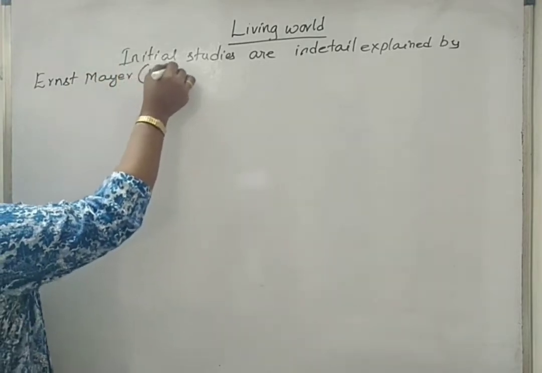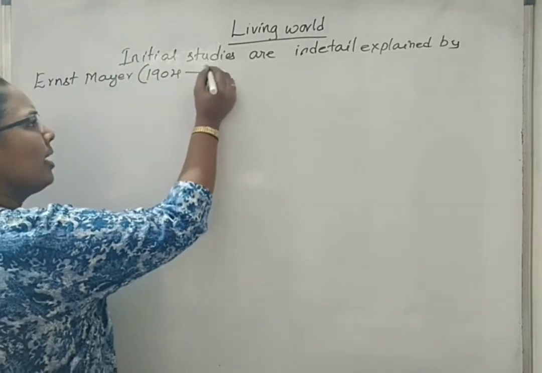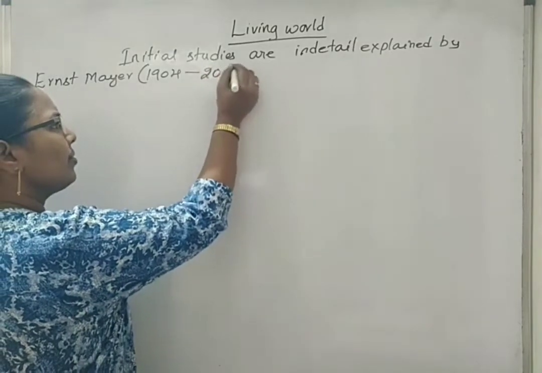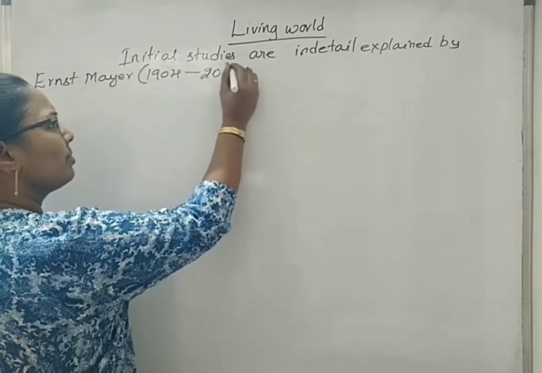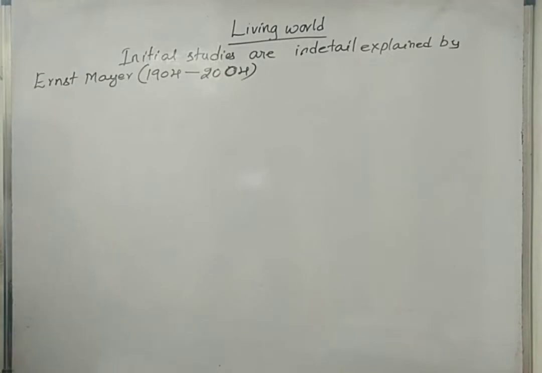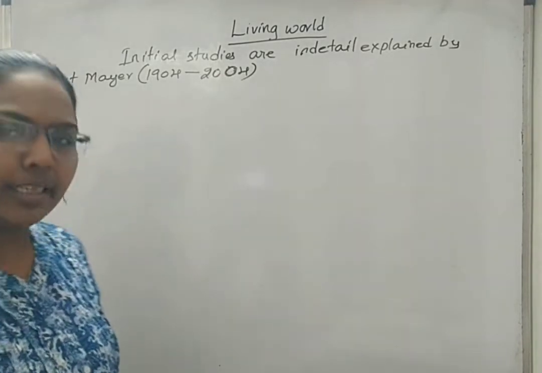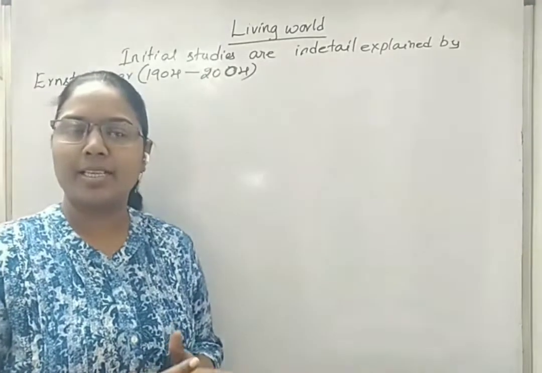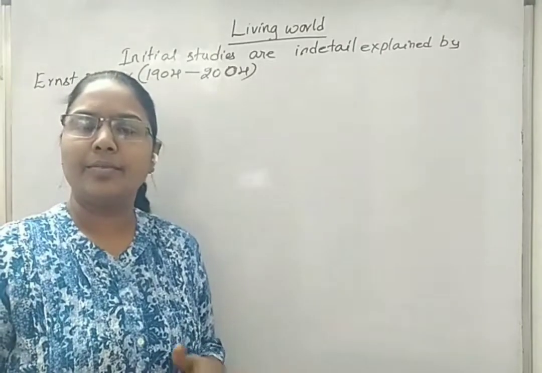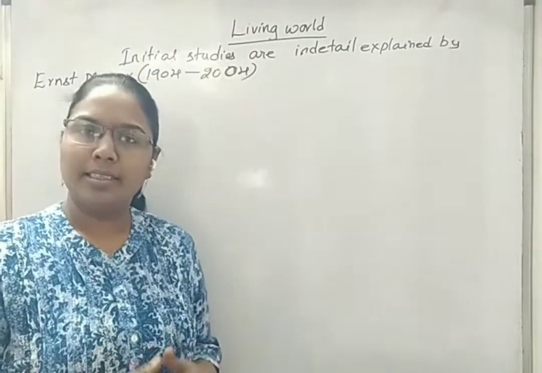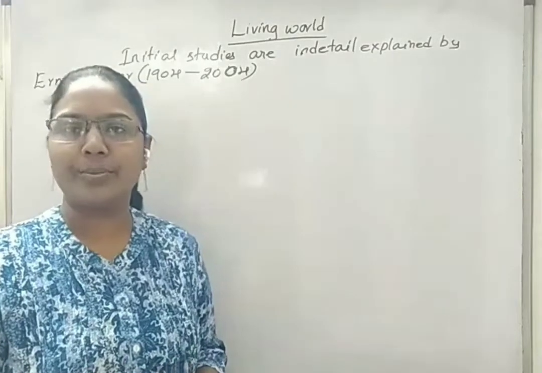He was born in 1904 and he died in 2004. So during his study of 1953, he was working as a professor in a university, and he has given many details regarding the living organisms and their ecological distribution.